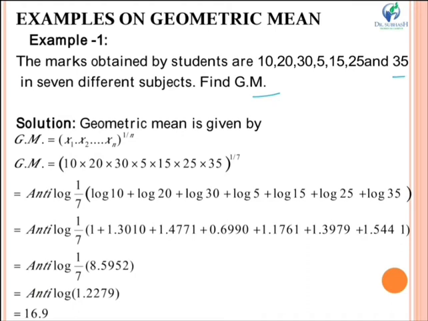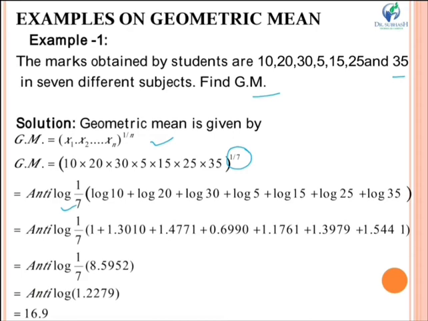See, now by the first formula, geometric mean is given by GM equals (x1, x2 up to xn) raised to 1 by n. Now we'll put all the values and multiply. So I substituted all the 7 values, and I'm multiplying them. Next I have to take the antilog, so antilog of this 1 by 7 will come here.